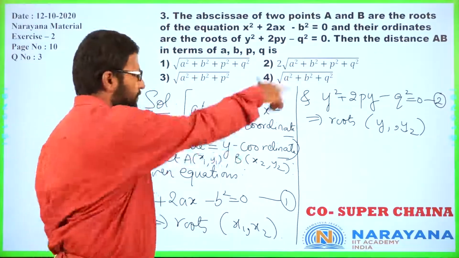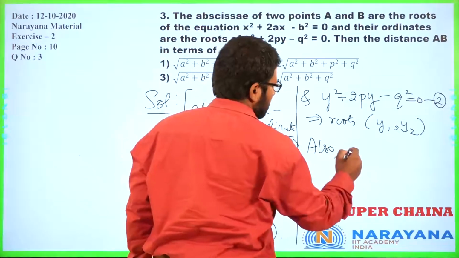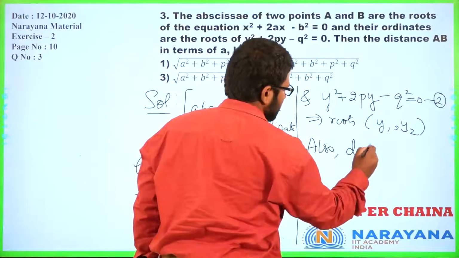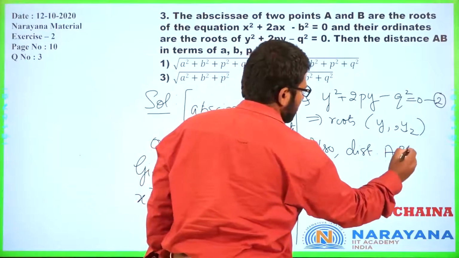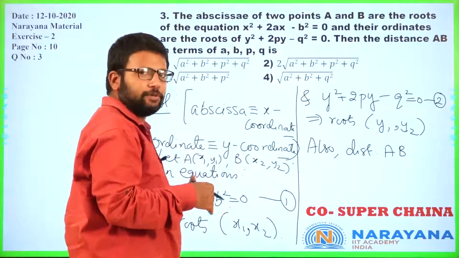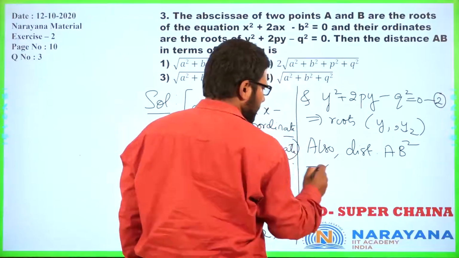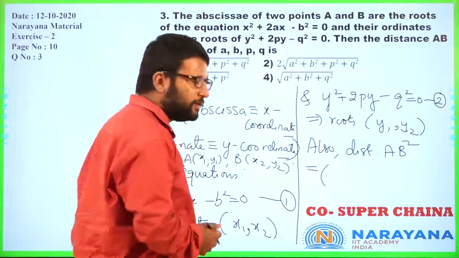So now, distance AB, instead of writing this distance can we just use square, right? Distance AB square would be, I'm just trying to avoid the square root, you know.